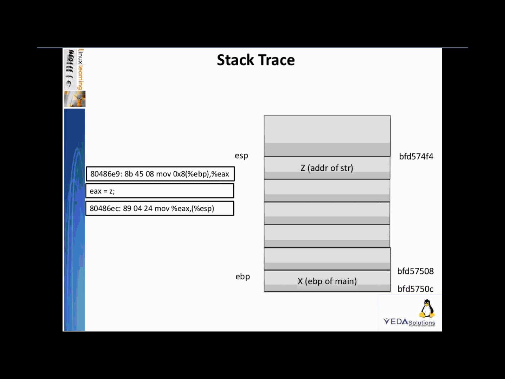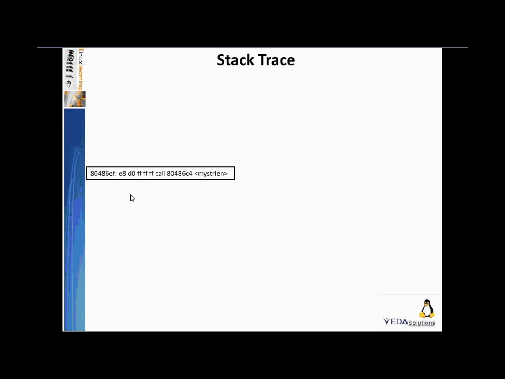The next instruction is to copy the value of EAX into the location pointed to by the stack pointer. So this particular binary instruction is moving the EAX value, which is the address of the string, into ESP. So this particular top of the stack will now be stored with that particular address which we have assumed as Z. Now the function STRLength is invoked.